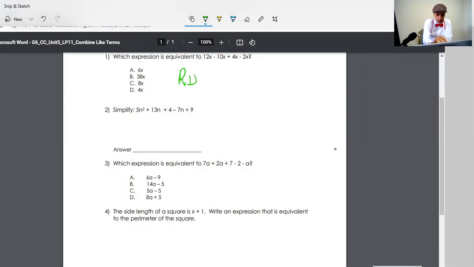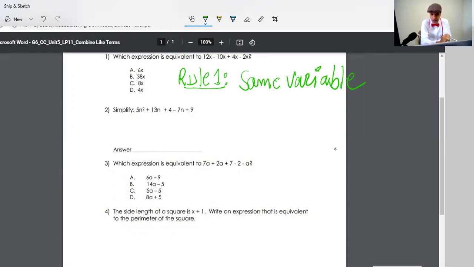Rule one, if I have two things that have the same variable, meaning the letter X, Y, A, B, same variable, and same exponent.